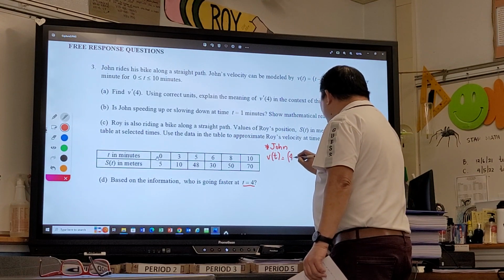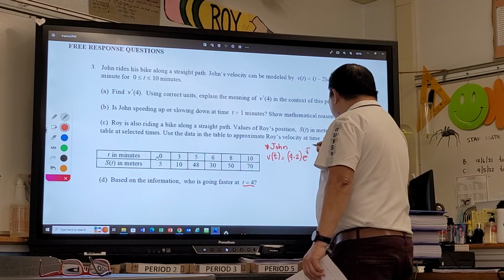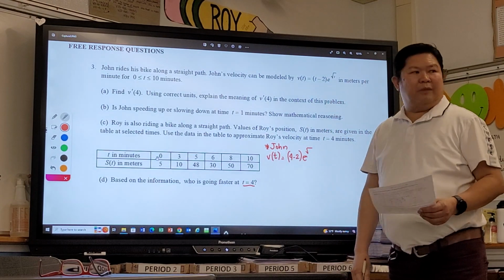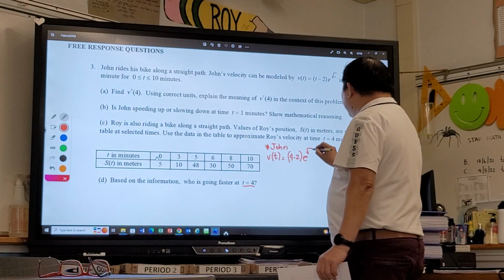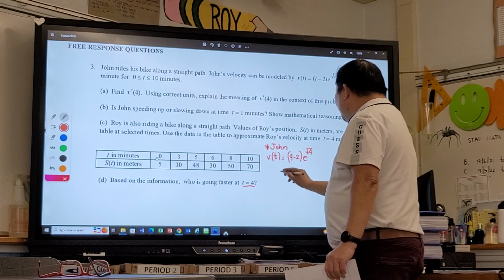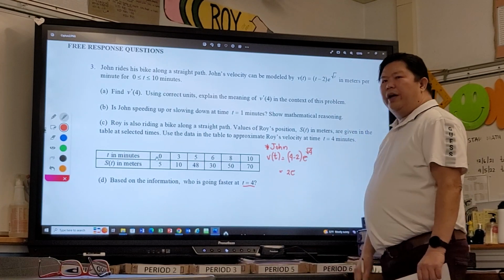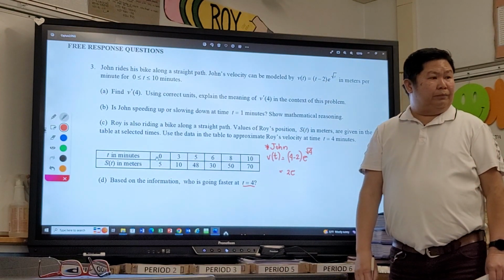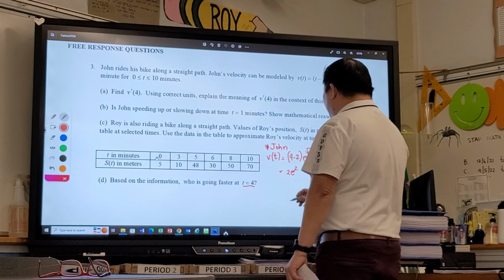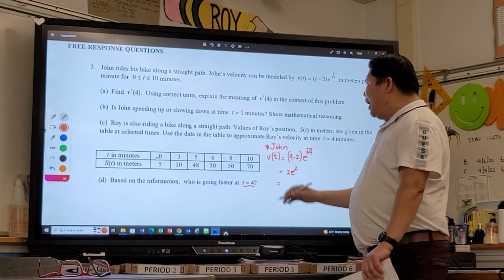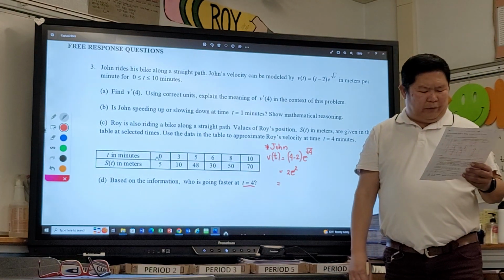Okay? So implies 4 minus 2 times e to the power of square root of 4. Am I right, guys? T is 4. So square root of 4. So implies that this is 2e, and then square root of 4 is 2. So 2 times e to the power of 2. So what is now John's velocity at time is equal to 4?